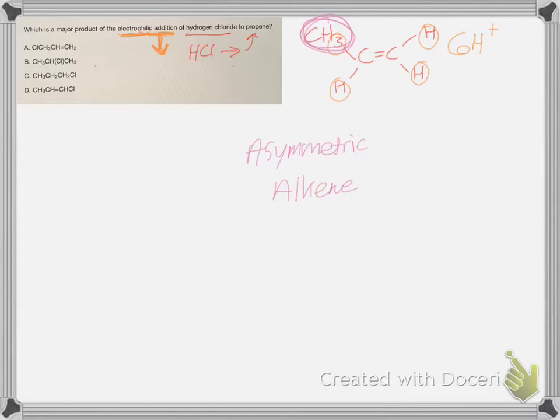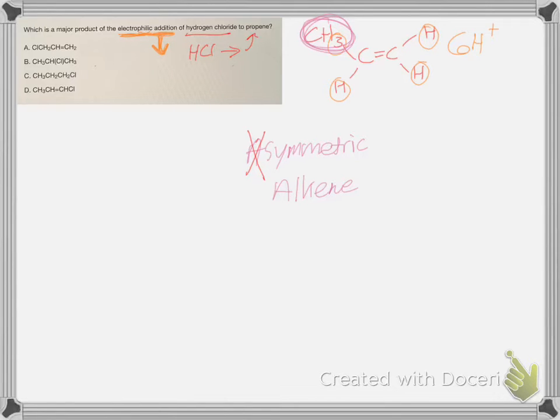Symmetric alkenes, however, deal with normal electrophilic addition with the intermediate steps and the induced dipoles and electrophiles and stuff like that. But they don't deal with the Markovnikov rule.